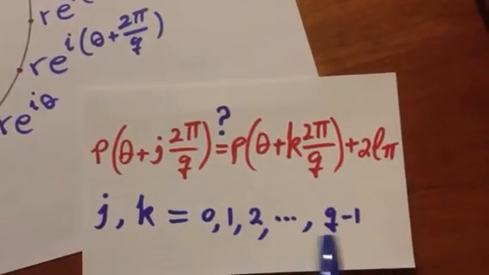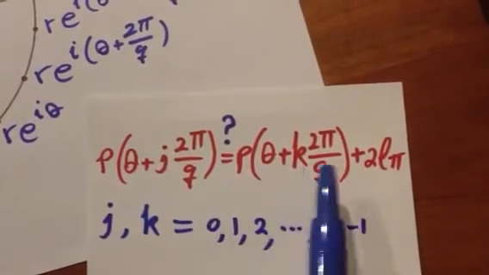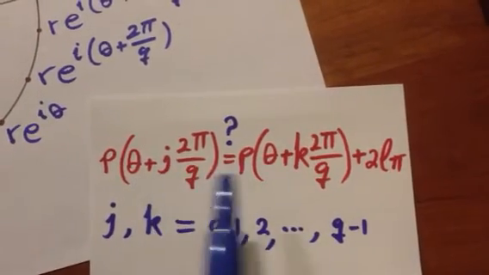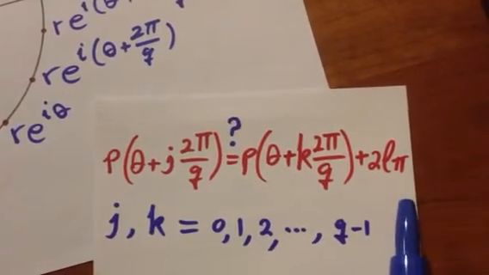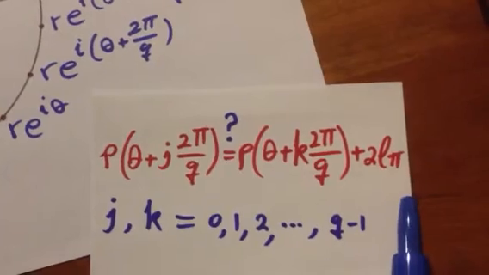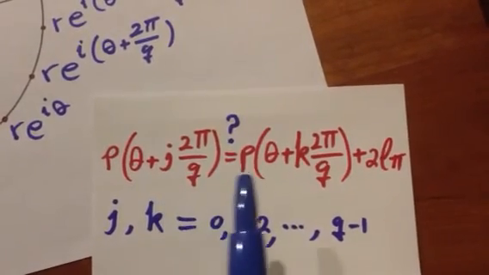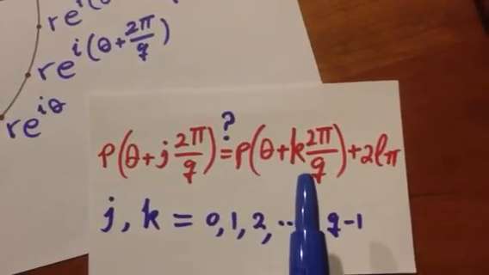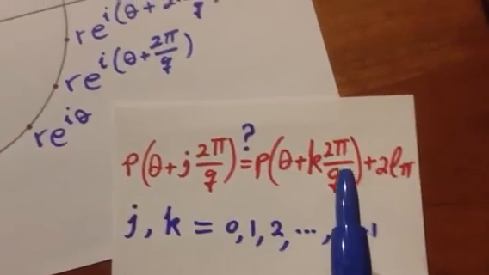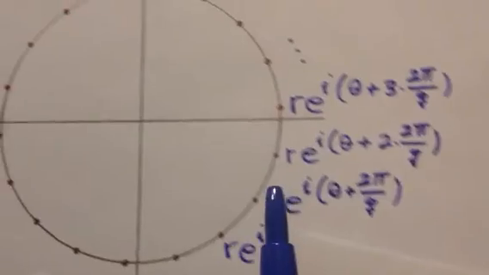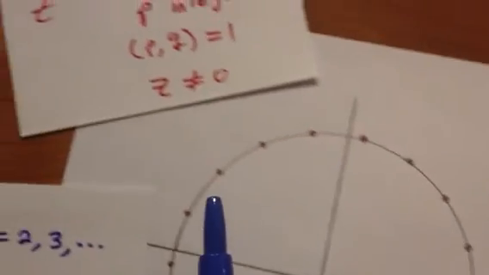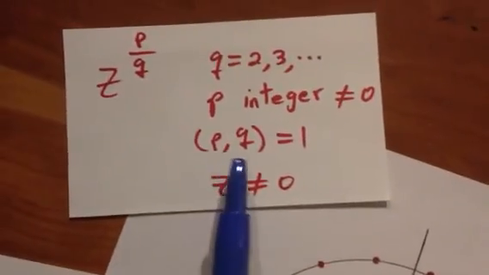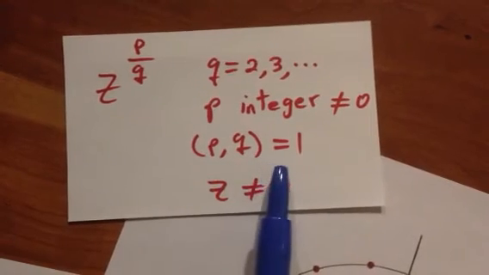We're making this assumption here, and we're setting these equal. Now your task is to prove why j and k cannot be two different indices. And the assumption that is very important is that p and q are relatively prime.